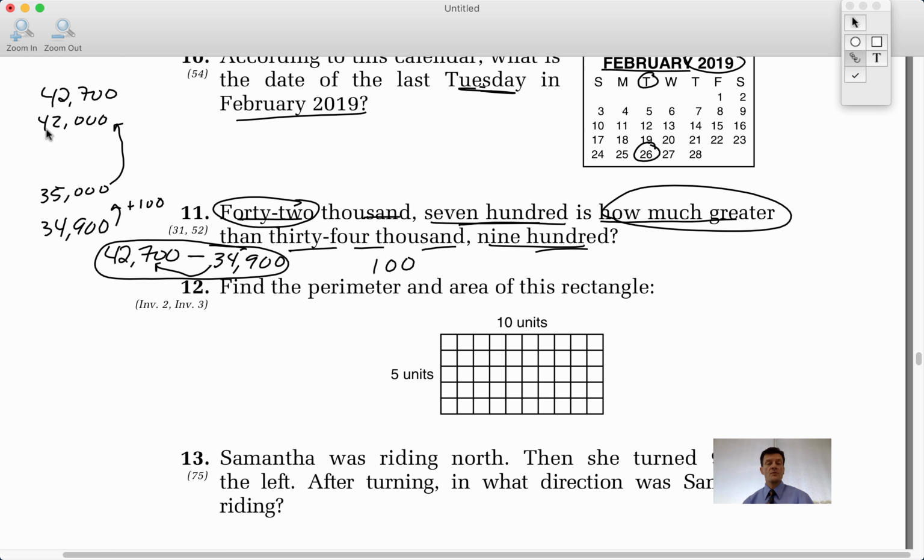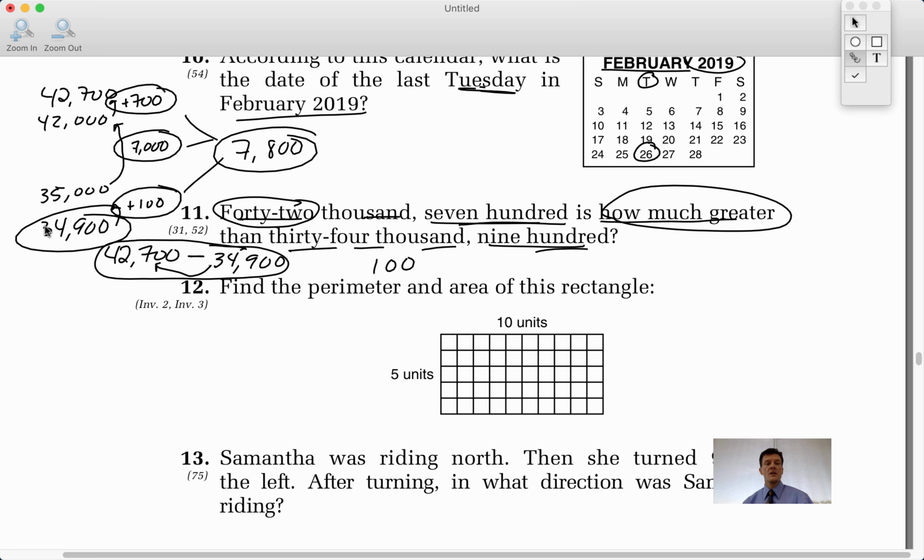From 35 to 40, that's 5, and then another 2 to get to 42, so that is a total of 7,000. And then to get from 42,000 up to 42,700, I just add another 700. So I added 100, 7,000, and 700 for a total of 7,800 to go from 34,900 up to 42,700. So if I was to subtract those, the difference between them is exactly that, 7,800.